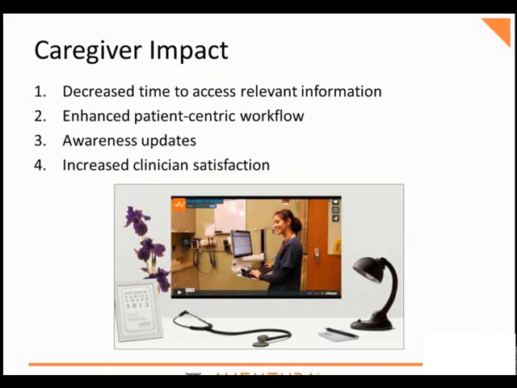A lot of times you're accessing that same patient's chart, just in different locations, and you have to go through that whole iteration every single time, because the desktop requires you to log back in, and it takes you back to your patient list, and you have to start the process all over again every time you log out.